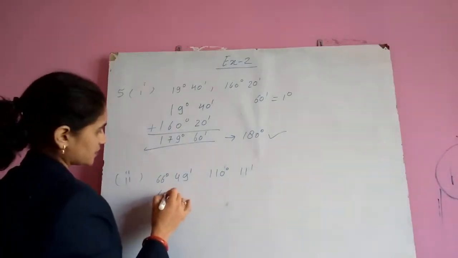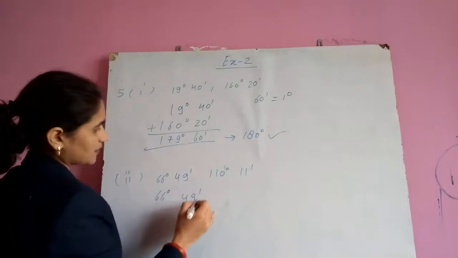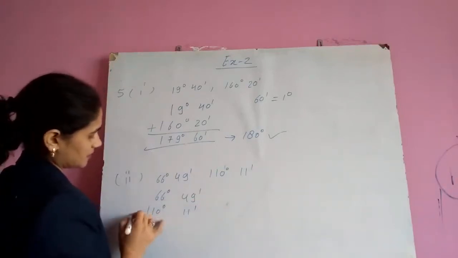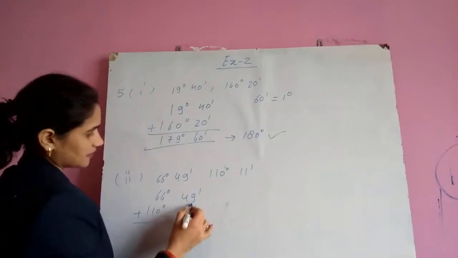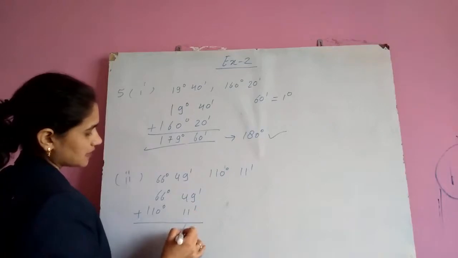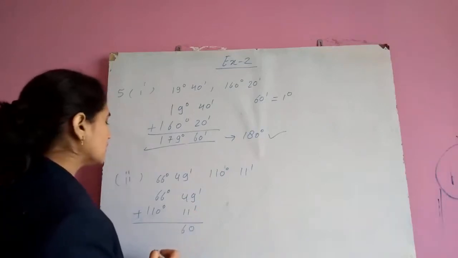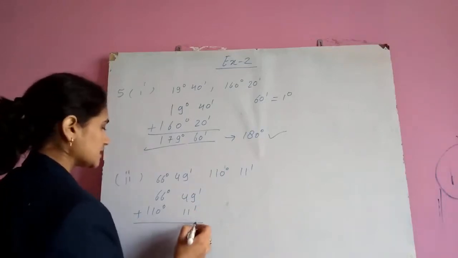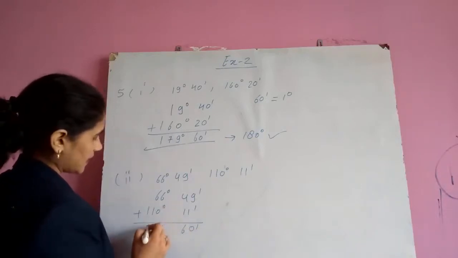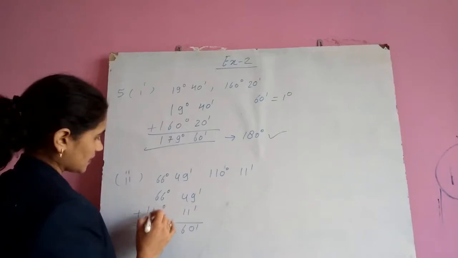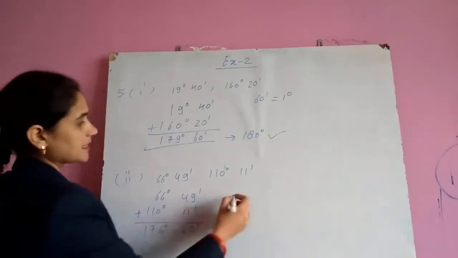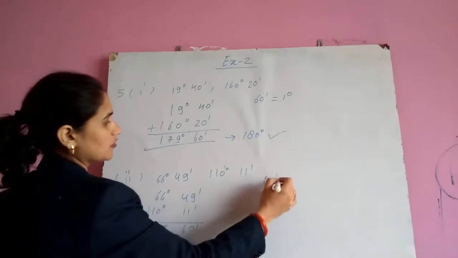Next is 66 degree 49 minute, 110 degree and 11 minute. Add this. 9 plus 1, 10, carry 1, 5 plus 1, 6. Here 60 minute. 176 degree 60 minute. 60 minute is equal to 1 degree.